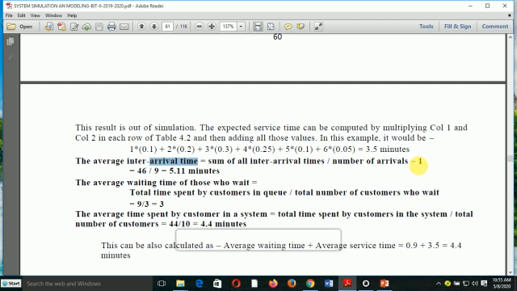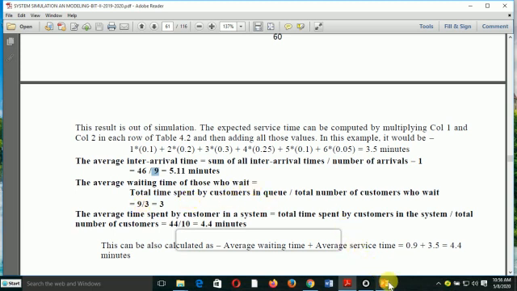That is why we take the sum of arrival times, which is 46, and divide by the number of arrivals, 10 customers minus 1, which is 9. So we see that the average interval between two customers is 5.11 minutes.